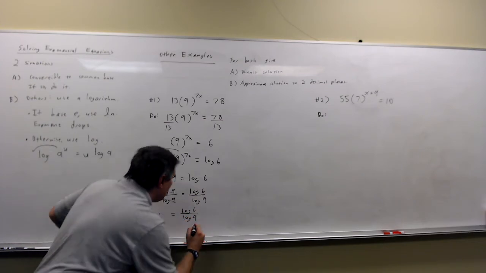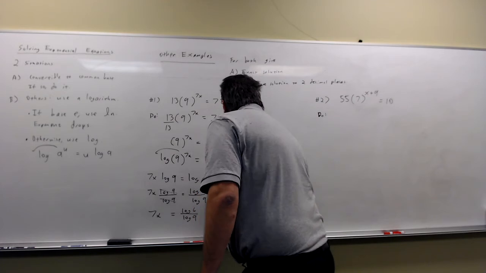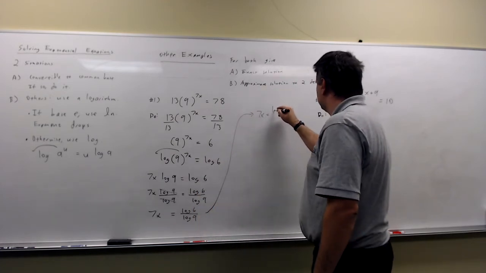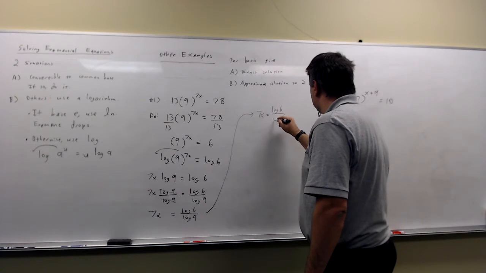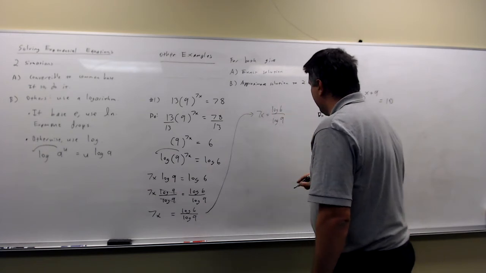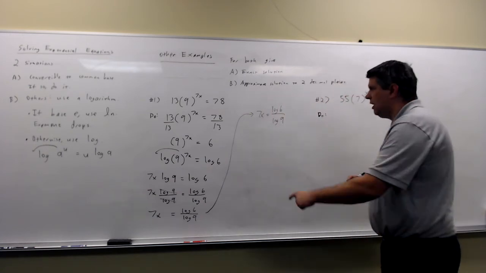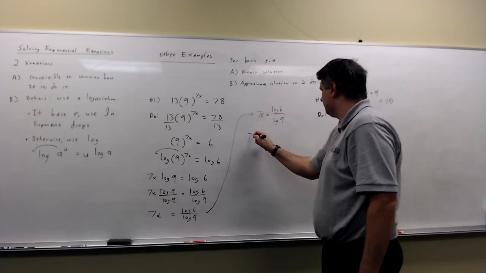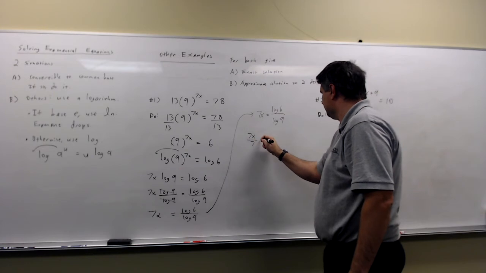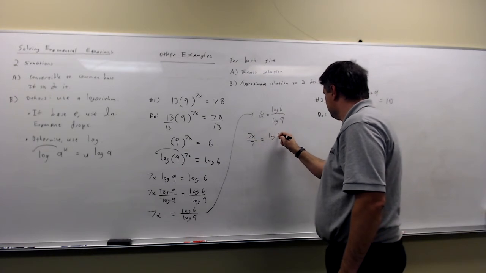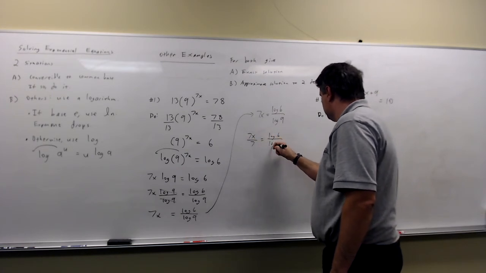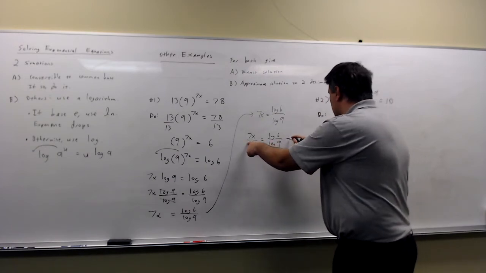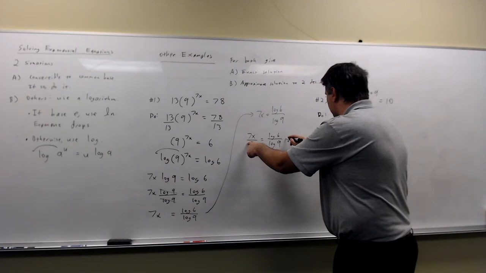Okay, all I'm going to do is copy the problem at this point up here, and continue. I have 7x, so I need to just divide off that 7. Now, instead of putting it in the denominator, I'm going to actually use an arithmetic division symbol.